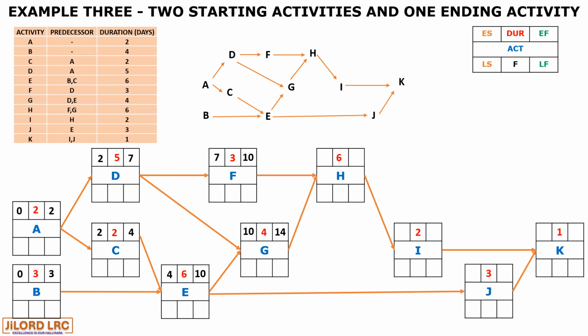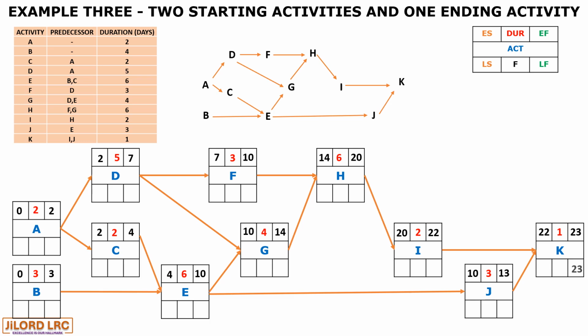Between 10 and 7 for activity G, I believe 10 would pass, but let's work with F. Having 7 plus 3 is 10, and G having 10 plus 4 is 14. Now 14 goes to H, plus 6 is 20, and 20 comes to I, making 22 as its early finish. Let's work with J as well.